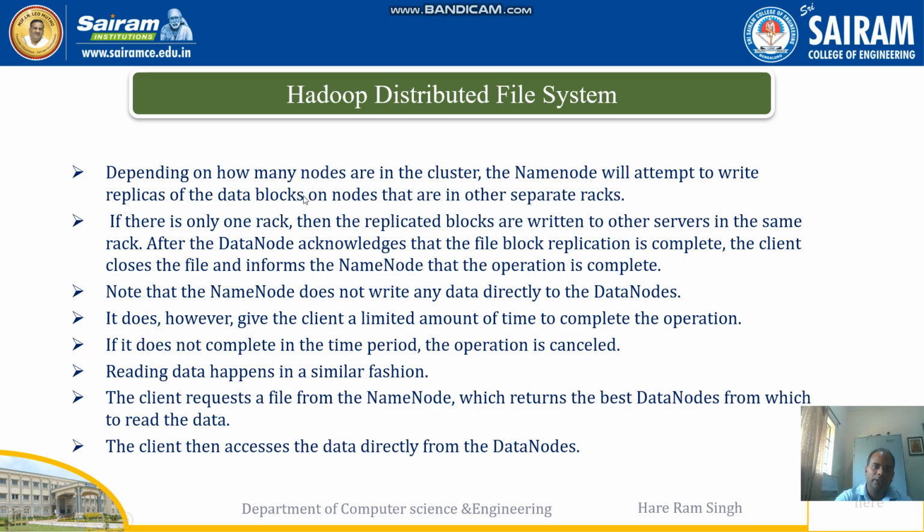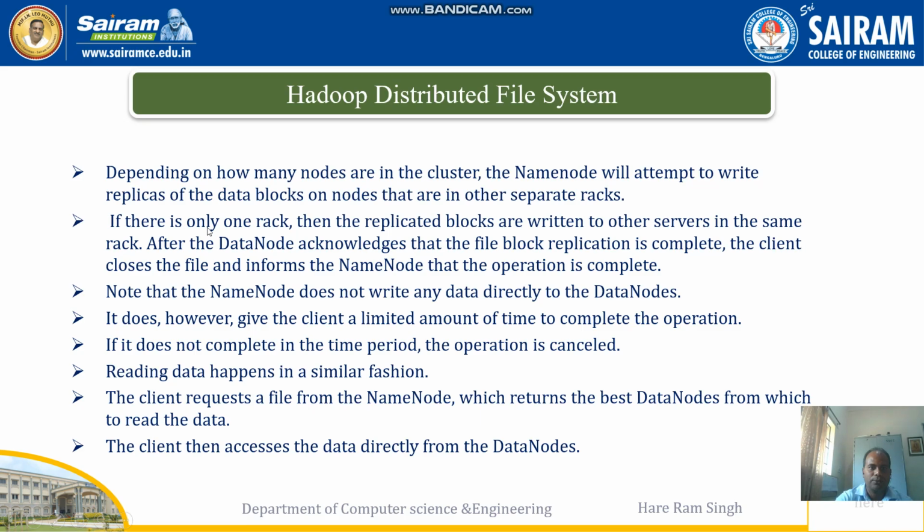Depending on how many nodes are in the cluster, the name node will attempt to write replicas of data blocks on nodes that are in other separate racks. So depending on the number of nodes in the cluster, the data node will replicate the data across racks.